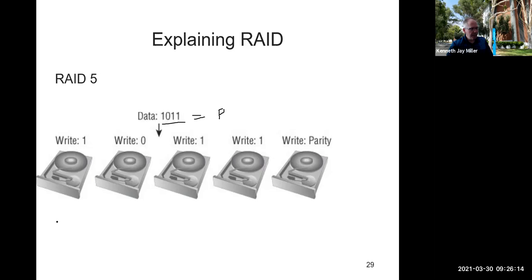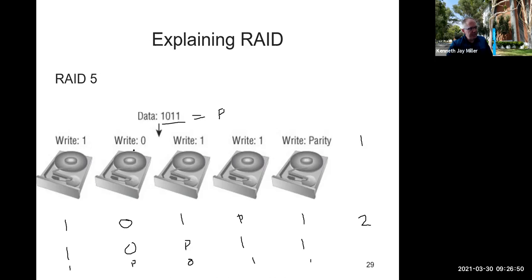The second time it writes more data, it will go 101P and then the last one. And then the third time it was 10P11, and then the last time will be 1P011. So assuming we're writing 1011 multiple times, that's our data.